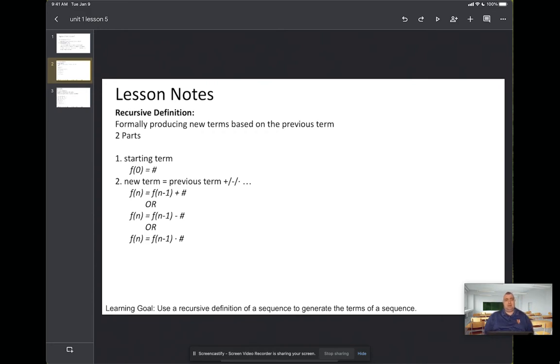The second part, as you can see here, is going to depend on the operation, whether we're adding, subtracting, or multiplying by a number each time.